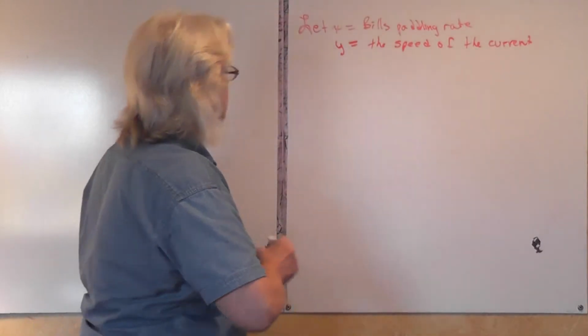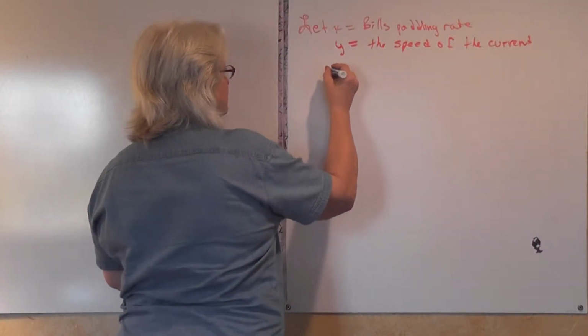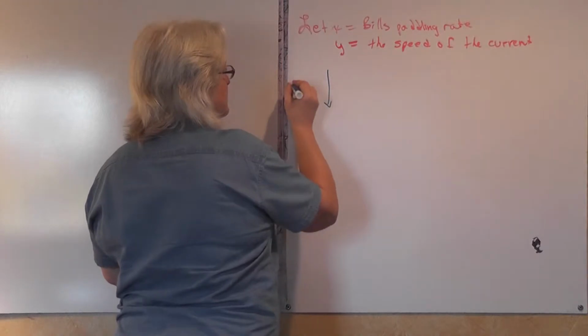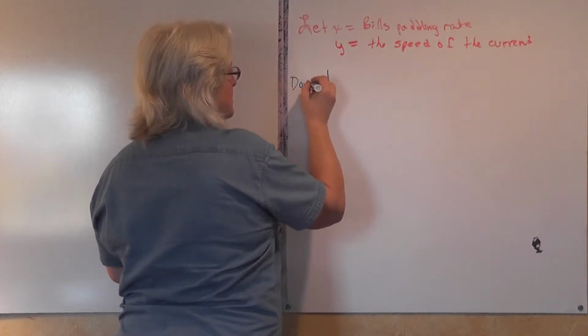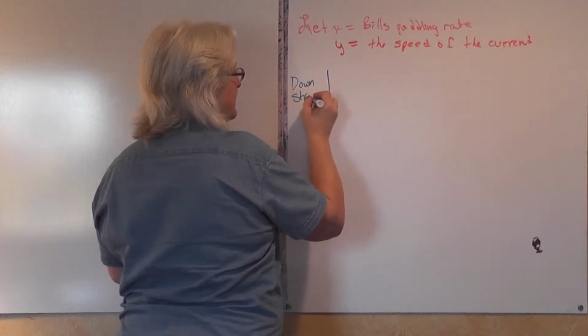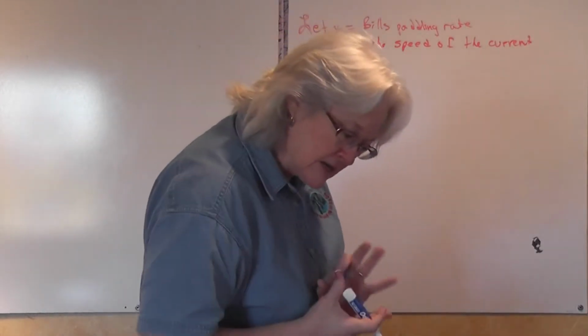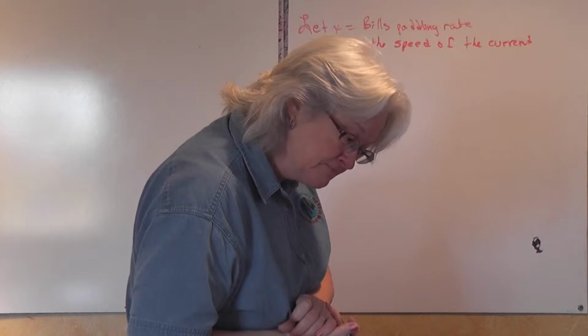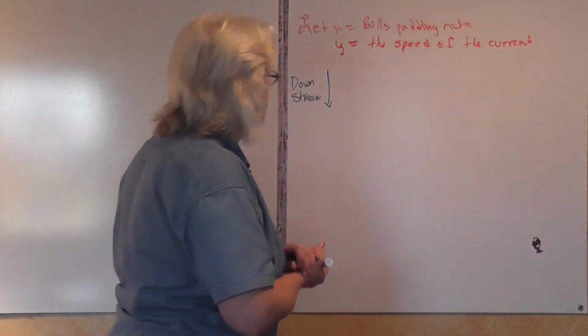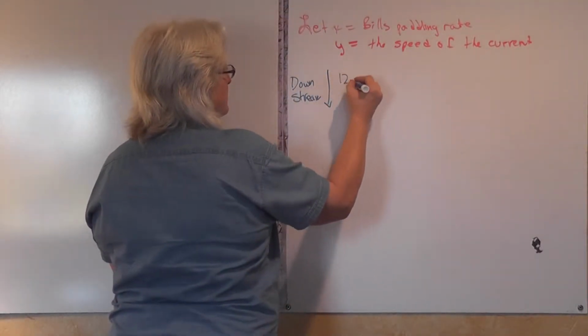So let's say, first he went downstream. So what info do we have? Well, you look at your book and it says 12 miles that he traveled.